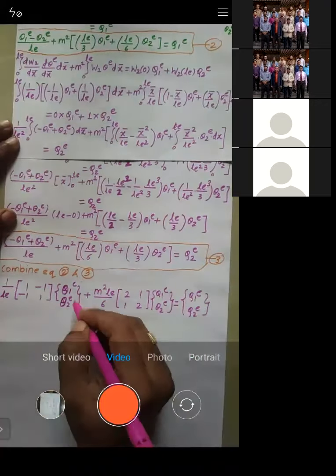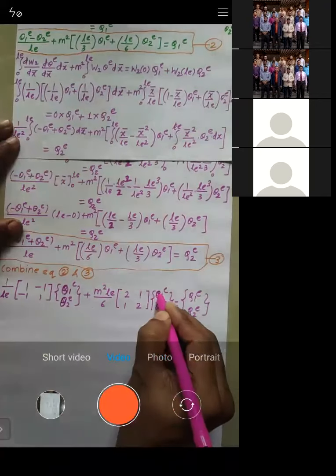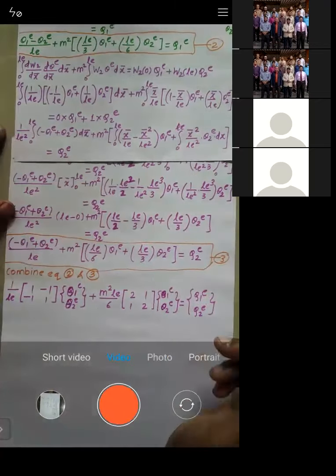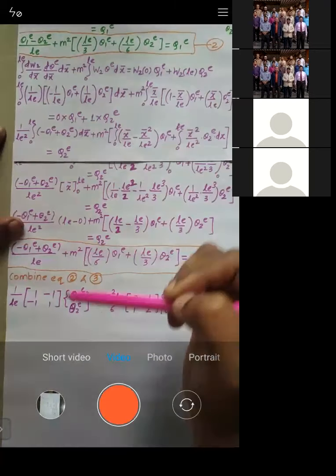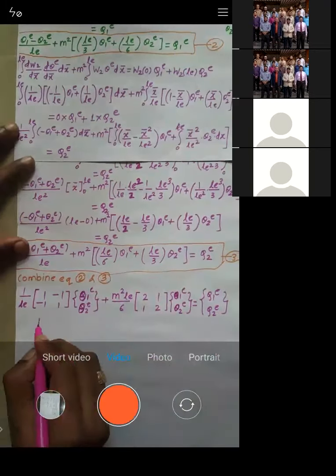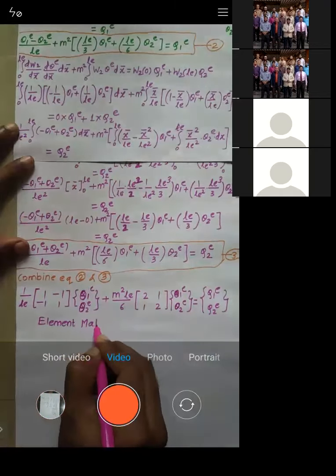Both are theta. Just compare these two equations, or just combine these two equations. So what will you get? You will get basically the element matrix equation.